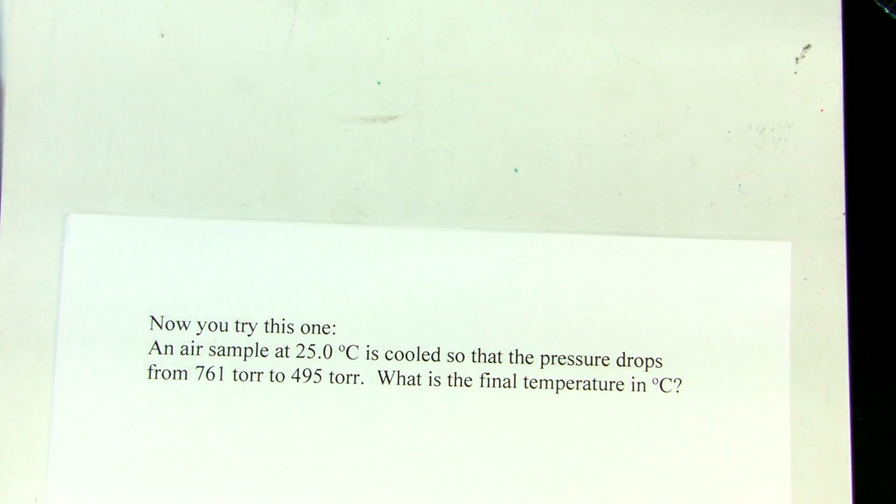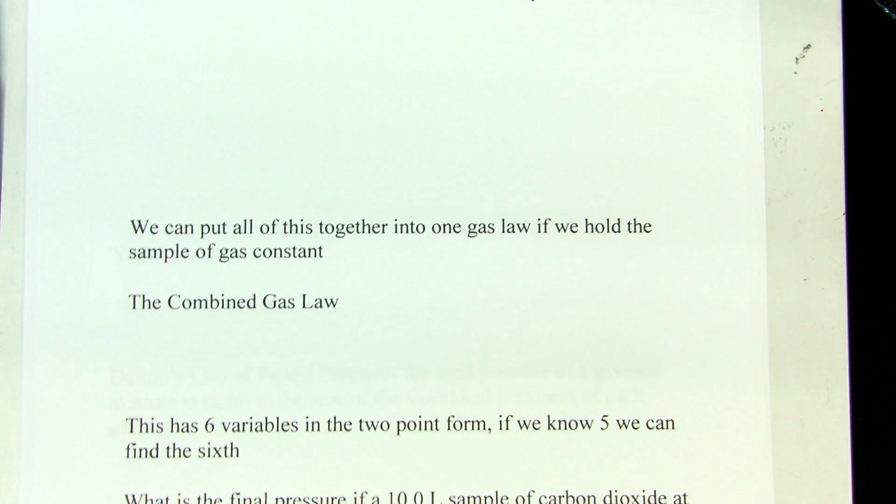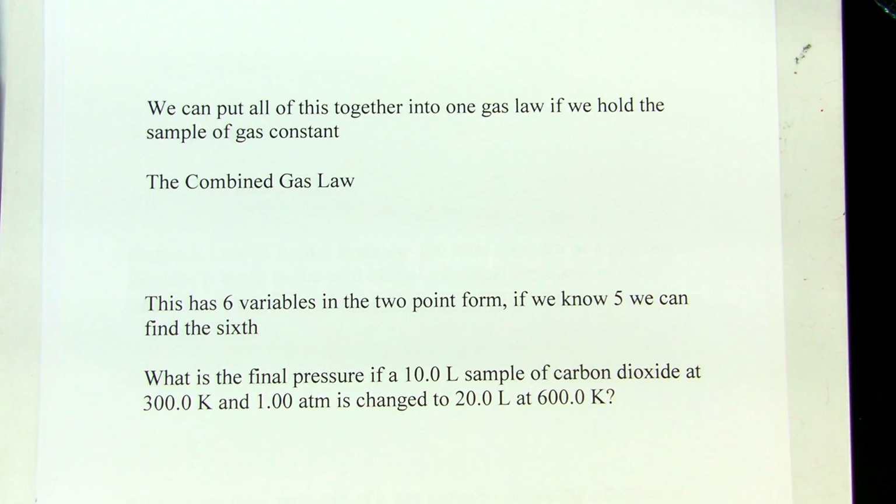So now we have looked at the three individual gas laws. With the individual gas laws, we said we can look at any two variables. We had pressure and volume, holding temperature and the amount of gas constant.